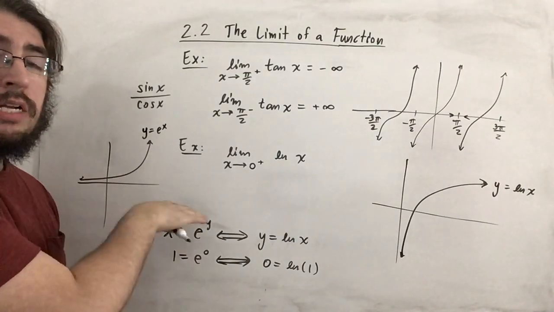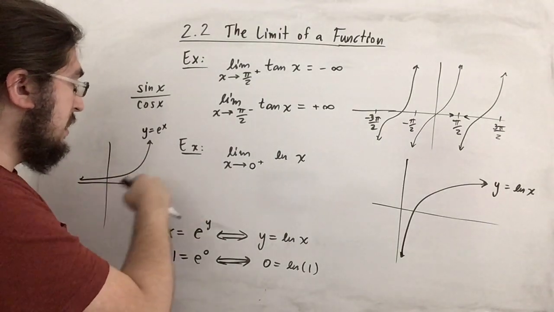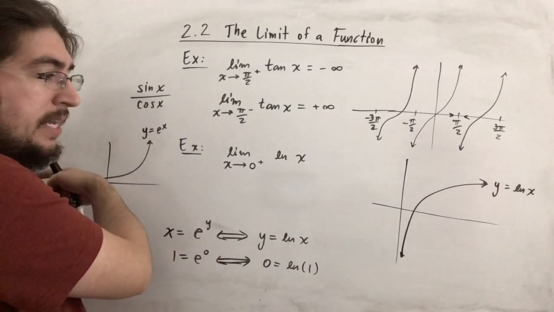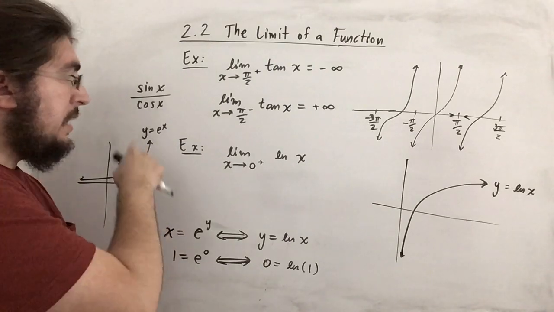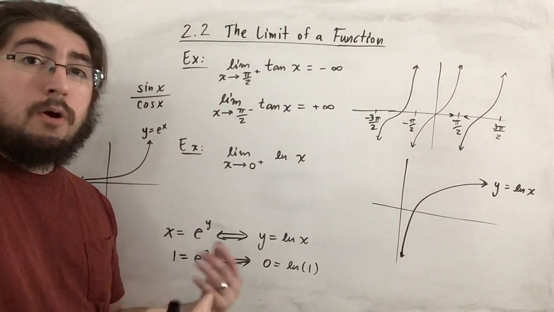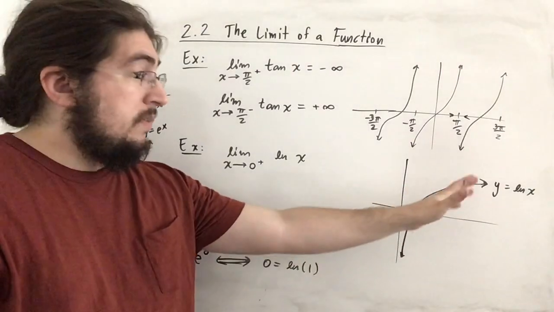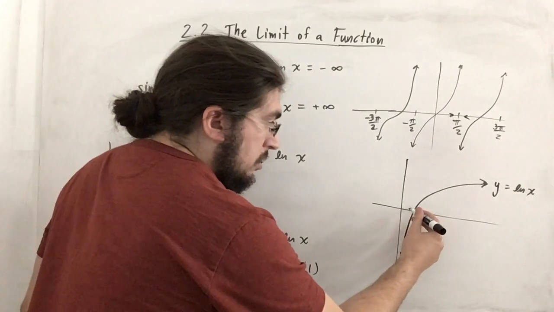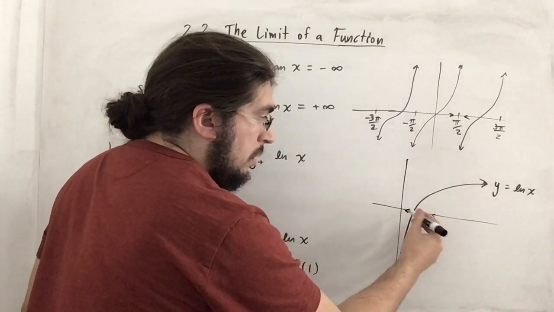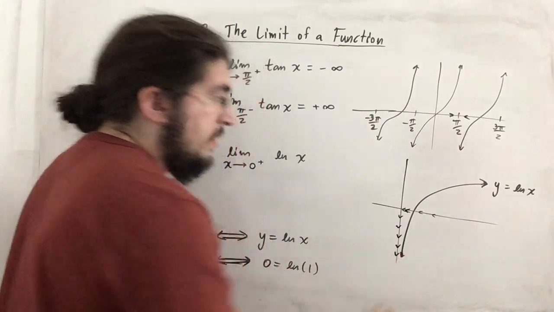And notice there's a horizontal asymptote at the x-axis. So what that says is that as x goes to negative infinity, e to the x approaches 0. So e to the x can never be equal to 0, but it approaches 0 as x goes to negative infinity. Which makes sense here, because if you look at this graph of ln of x, as x gets closer and closer to 0, the y values get closer and closer to negative infinity.